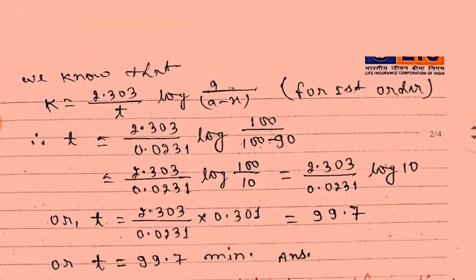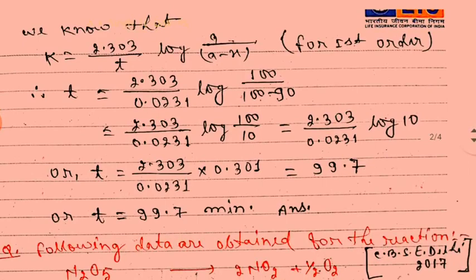Now next, we know that k is equal to 2.303 by t log a by a minus x. It is the rate constant expression of first order reaction.